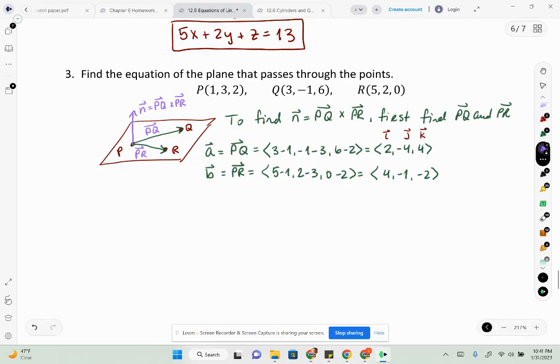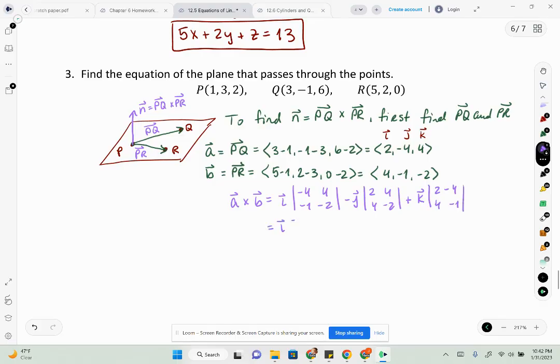visualize it here. So I could say that A cross B is going to equal I hat times the determinant with negative 4, 4, negative 1, negative 2, minus J hat. And now we've got the 2, 4, 4, negative 2, plus K hat. And now we have 2, negative 4, 4, negative 1.